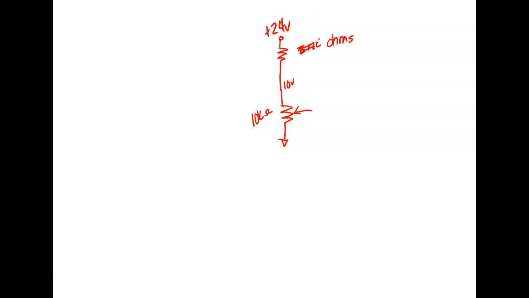So what do I need to know to calculate R? R is equal to V over I. We're calculating R. Do I know anything? How can I calculate current? Not 24 by 10K, because I want 10 volts here.